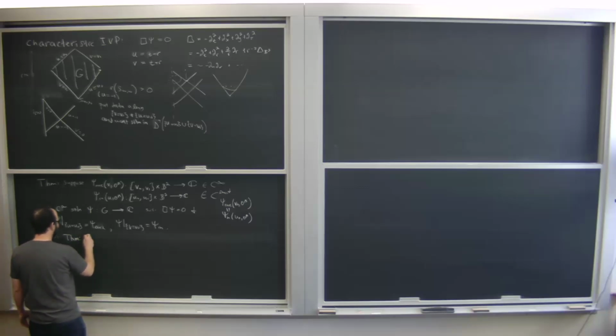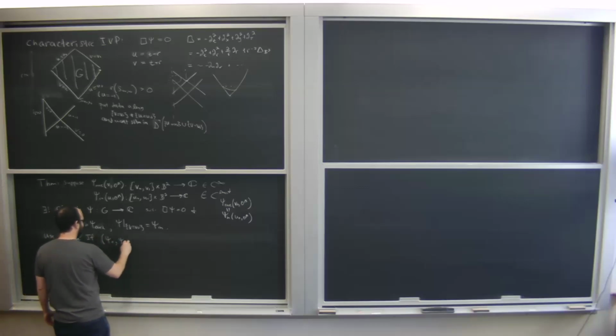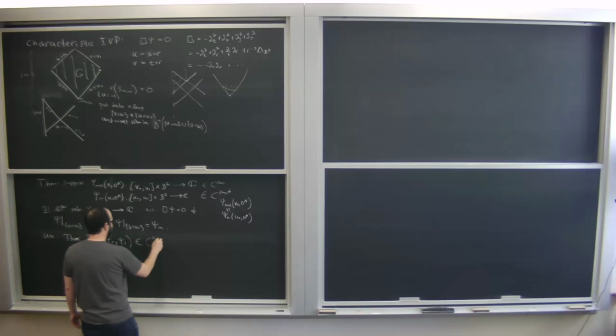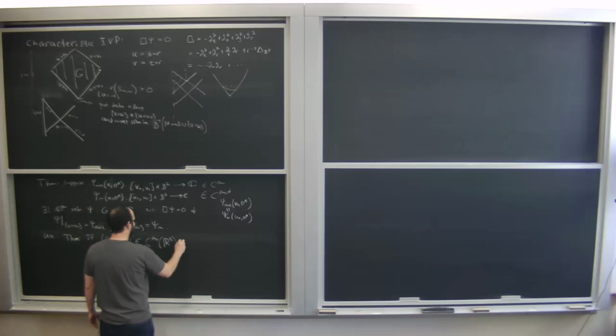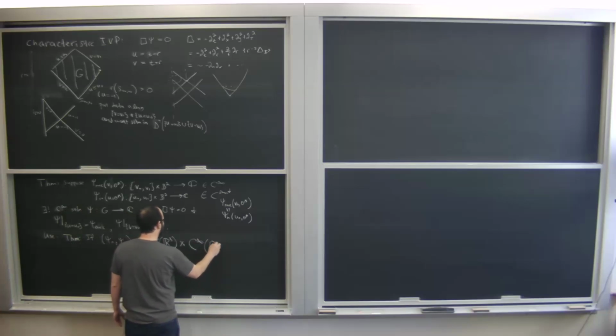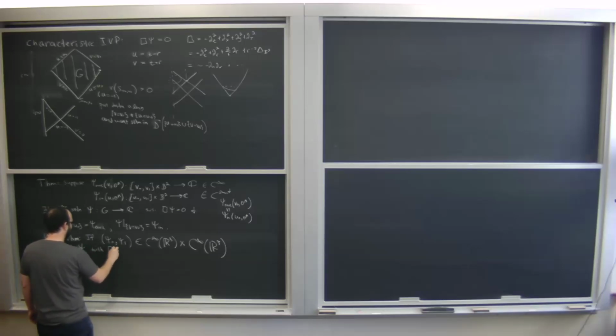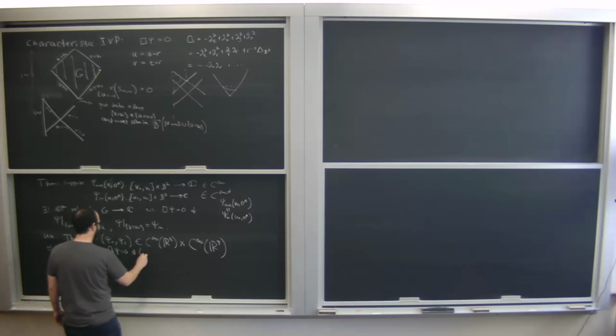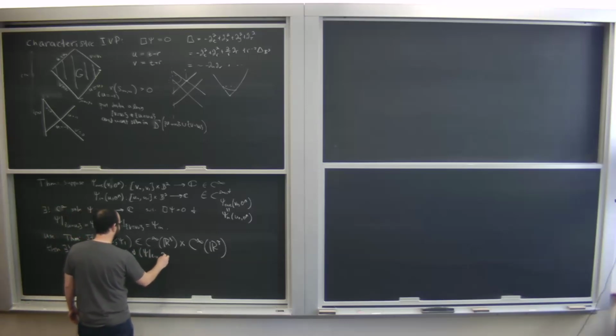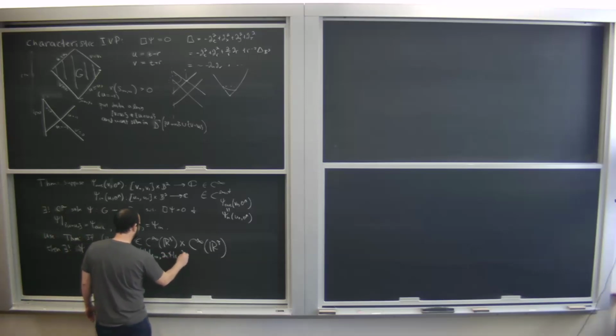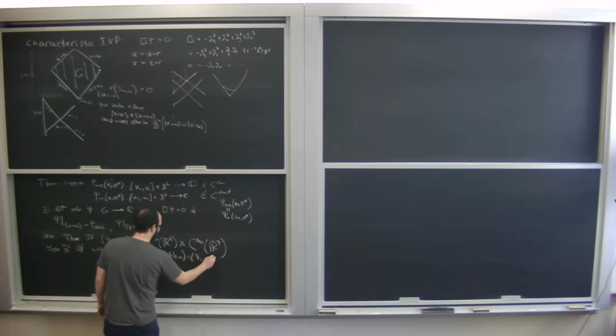So the theorem: if say psi naught and psi 1 are both in C infinity of R3 cross R3, then there exists a unique psi with box psi equals 0 and psi at t equals 0 and dt psi at t equals 0 equal to the data.